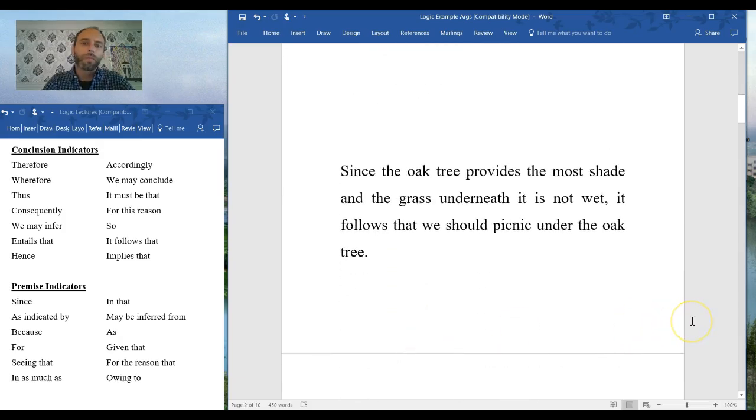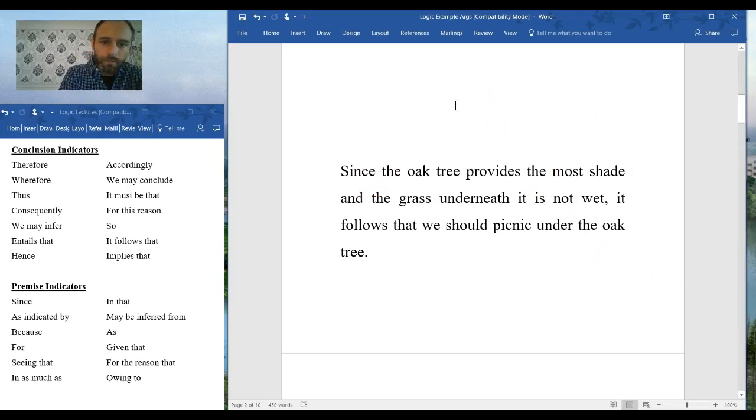So here's the first argument. Since the oak tree provides the most shade and the grass underneath it is not wet, it follows that we should picnic under the oak tree. So the first thing we want to do is scan the argument for indicator words. And right off the bat, we see this word since.